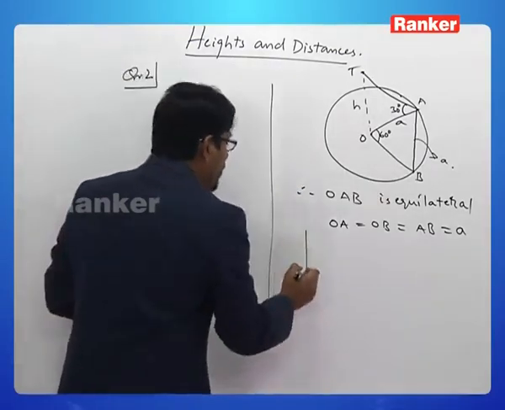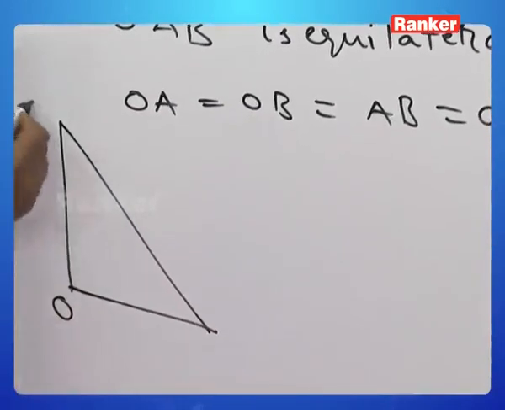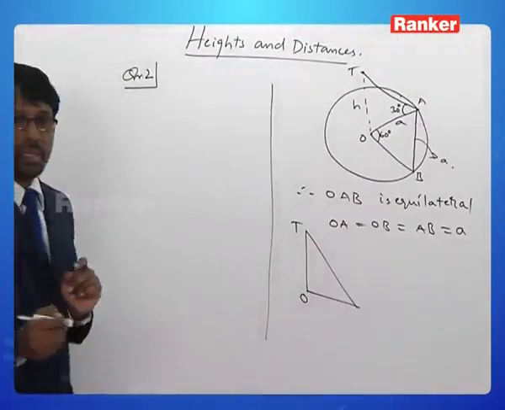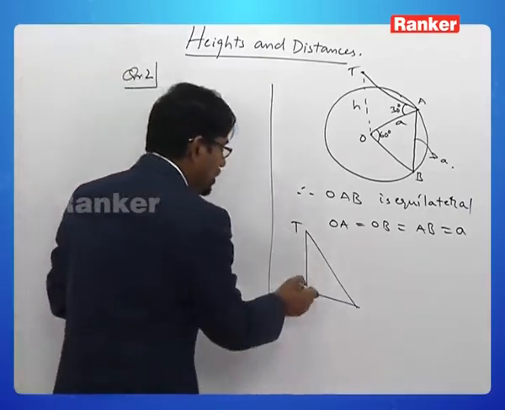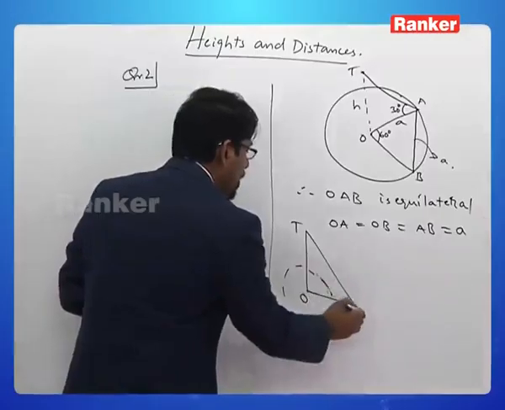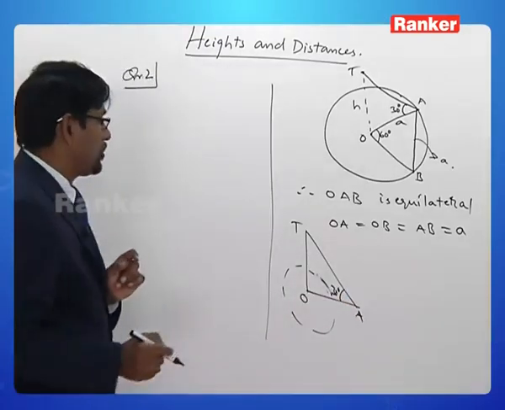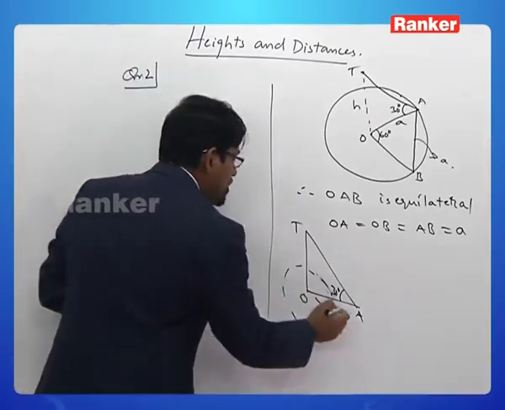And now we have a situation like this. OT is the tower, and this is your A. This angle is 30. This length is a.